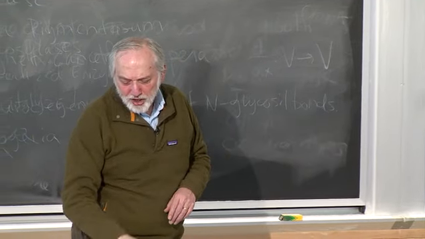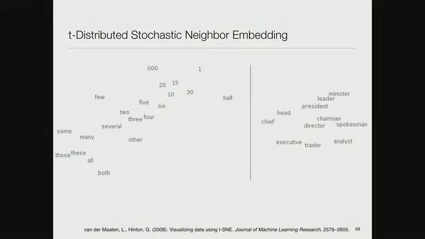So there was this other paper later from van der Maaten and Geoff Hinton where they came up with a visualization method to take these high-dimensional vectors and visualize them in 2 dimensions. And what you see is that if you take a bunch of concepts that are count concepts, so 1, half, 30, 15, 5, 4, 2, 3, several, some, many, etc., there is a geometric relationship between them.